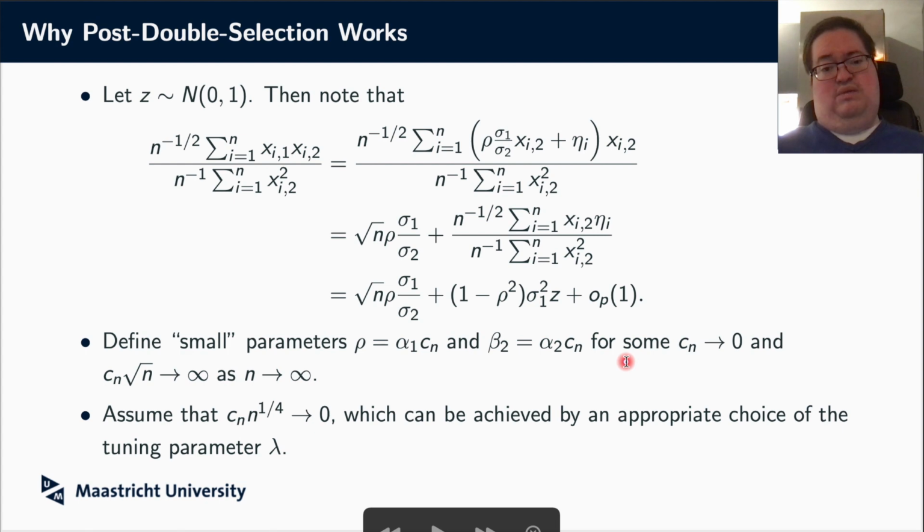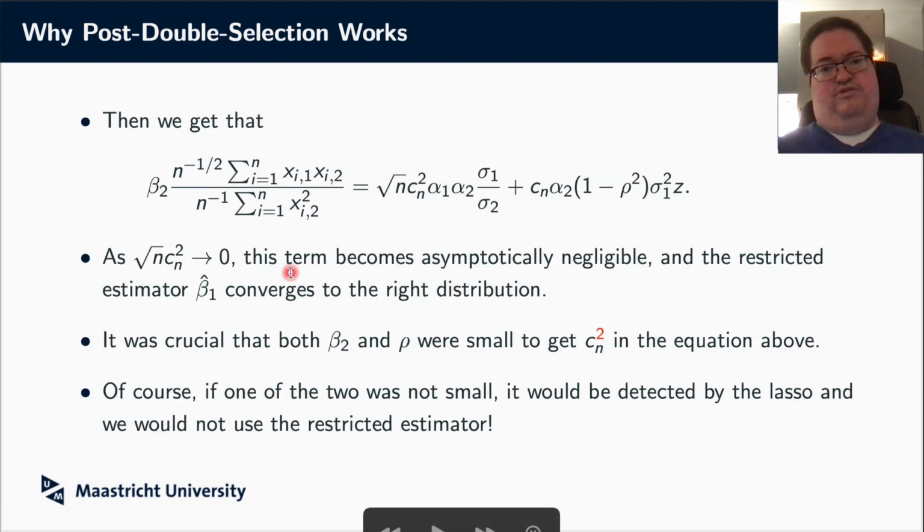Now we need a tiny bit more here, and we need also that Cn times n to the power 1 over 4 goes to 0. So we're going to make it a bit more than just Cn going to 0. Well, this we can achieve, but we have to make sure we choose the tuning parameter appropriately. And now we can plug those into this expression.